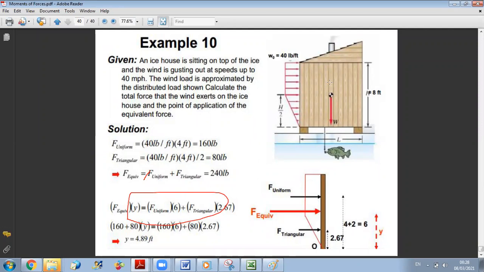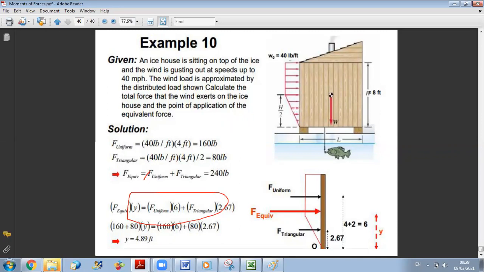The wind load is approximated by the distributed load shown. Calculate the total force that the wind exerts on the ice house and the point of application of the equivalent force. As you can see here, you have a house subjected to wind action.